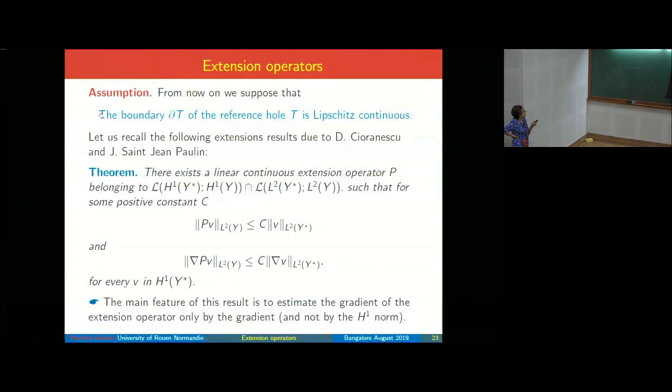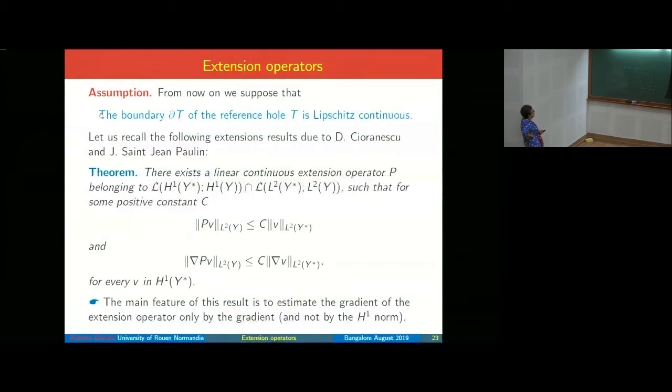Okay, so let us recall the extension operator. We suppose that the boundary of the reference hole is Lipschitz continuous. And then we have the following result, which is due to Cioranescu and Saint Jean Paulin, who did the following.